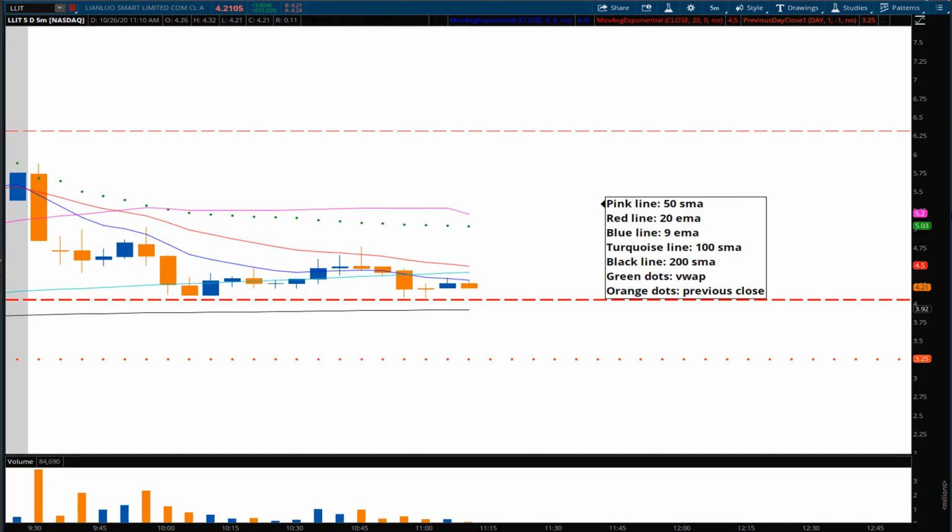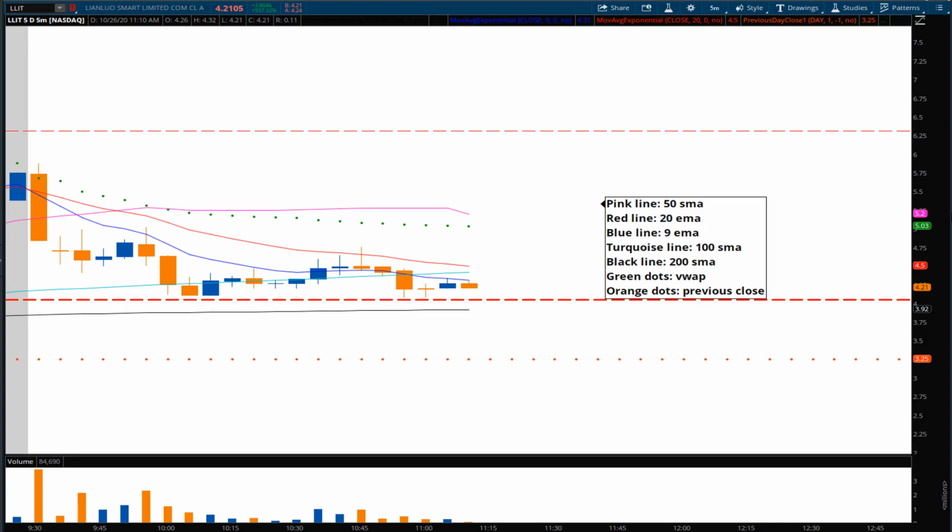So here's a summary of what I was just saying with these technical indicators. That pink line is the 50 SMA, or simple moving average line. The red is the 20 EMA, or exponential moving average line. The blue line is the 9 EMA.